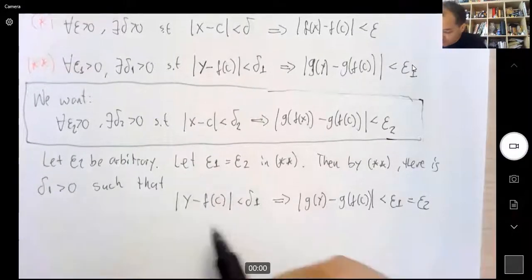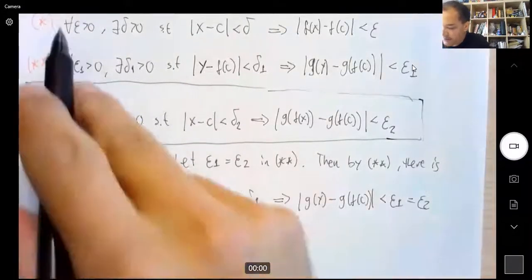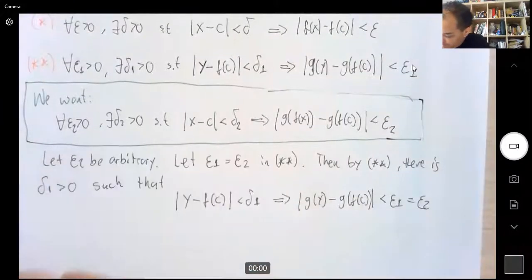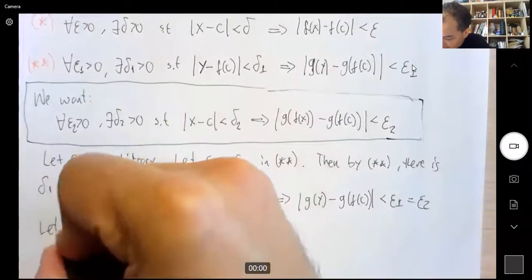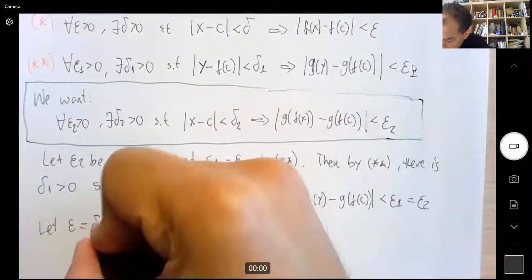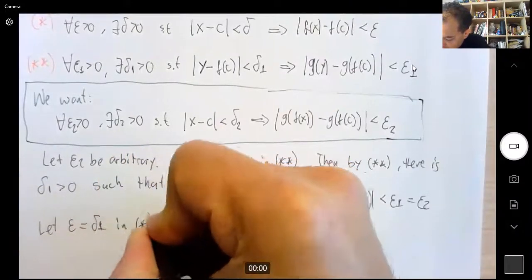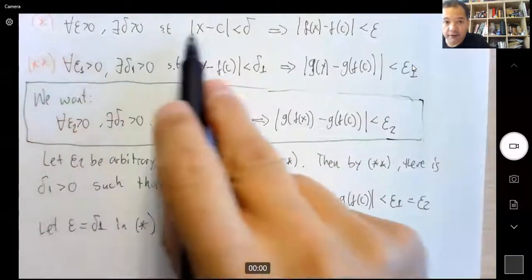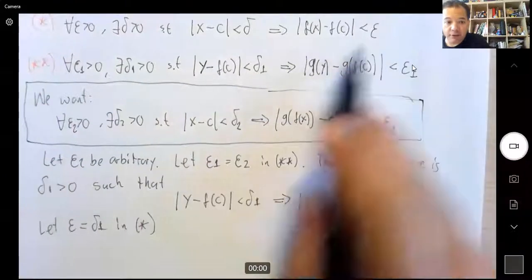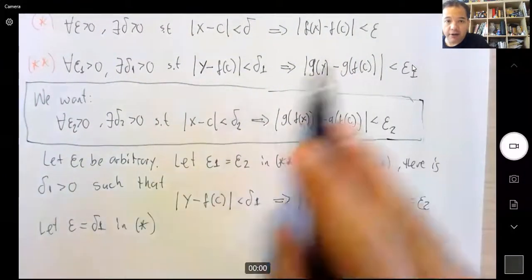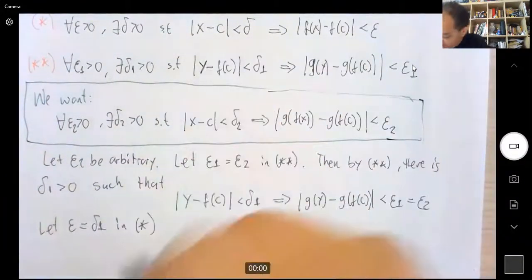Well, then we use also this delta 1 in star. So let epsilon be delta 1 in star, in this one over here. So this epsilon will be delta 1. So then I can use this one.